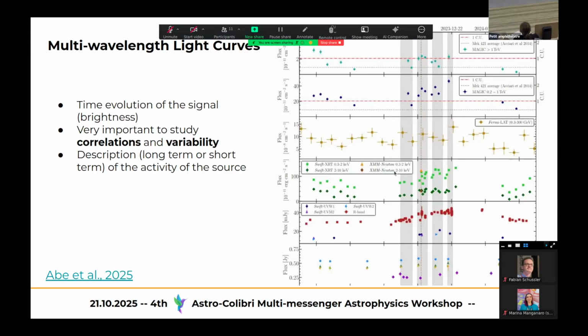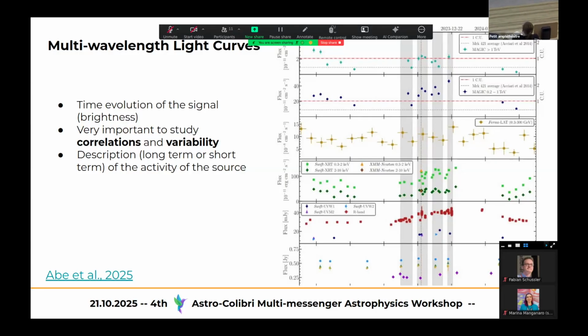I took just one recent paper with multi-wavelength analysis. We have light curves from different instruments over time, of course. So we have these intensity signals from different instruments. We check them together, and then from multi-wavelength light curves, we build multi-wavelength spectral energy distributions, meaning the camels.